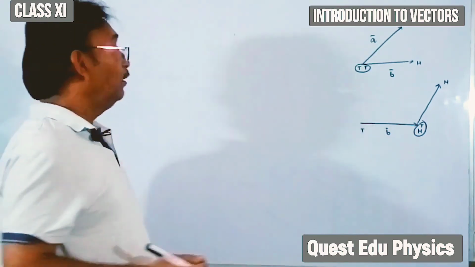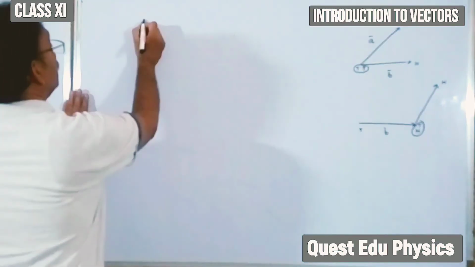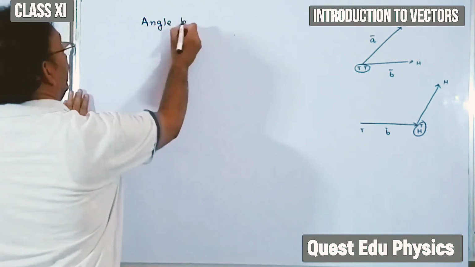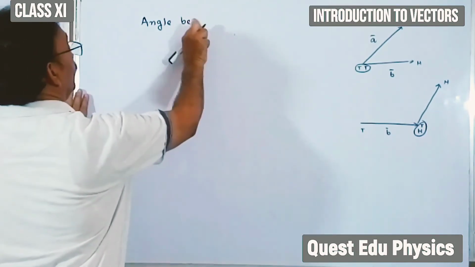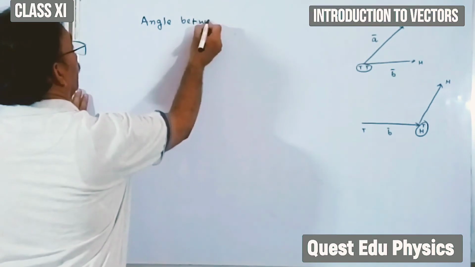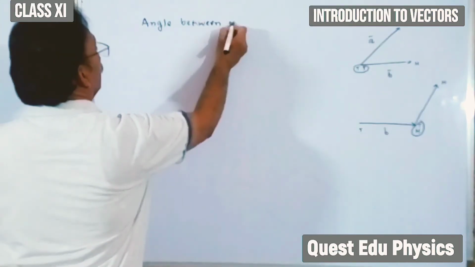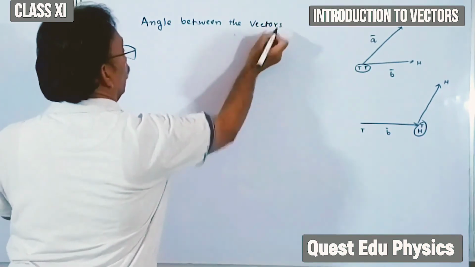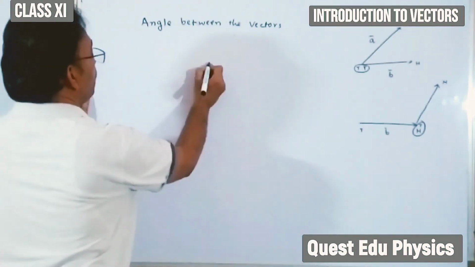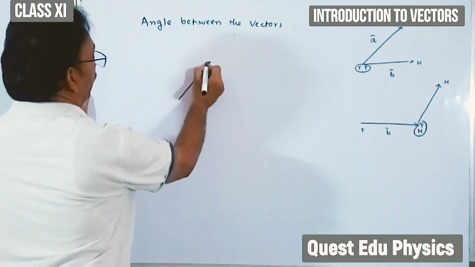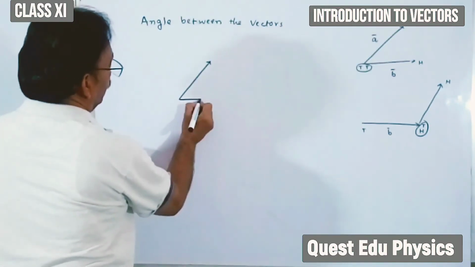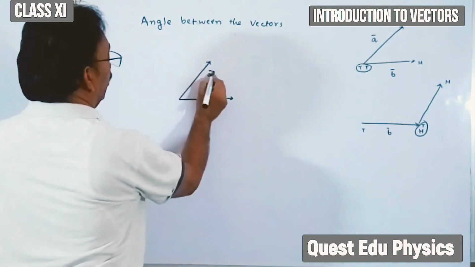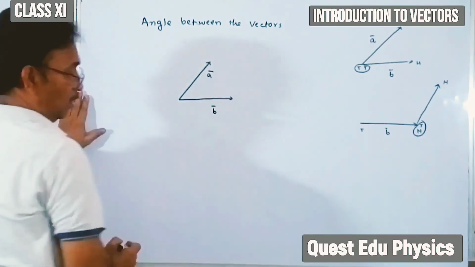Already I told you, we have to find the angle between the vectors. I am taking the same thing. When I transpose the two vectors, it is A bar and B bar.